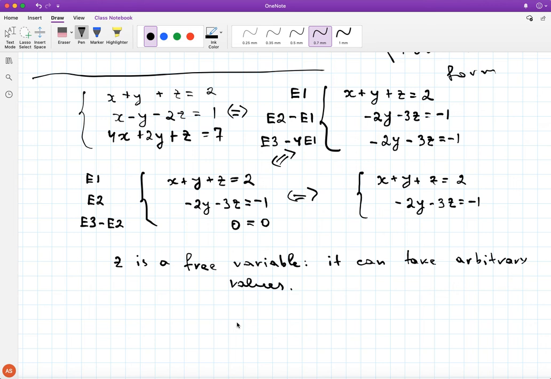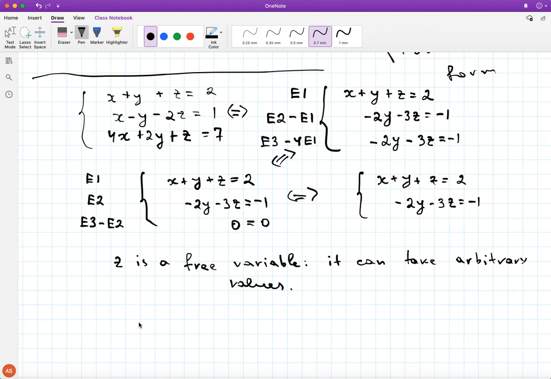So either z or y, and in fact even x, can be declared to be a free variable, but it's most convenient to designate z as a free variable. We can clearly see that z can take arbitrary value, and so we designate z as a free variable.